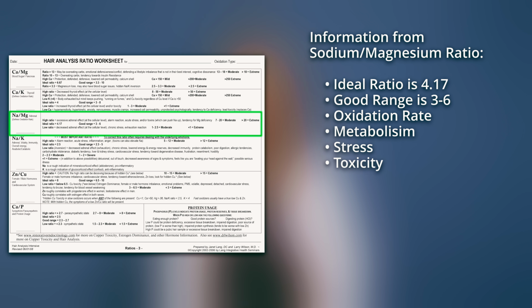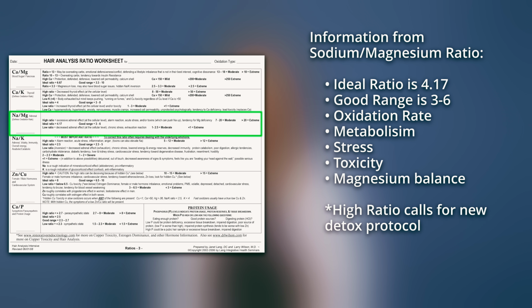It also points to whether or not the person needs magnesium or is taking too much magnesium. If I see a high ratio, I will often recommend a different kind of detox protocol, magnesium supplementation. A low ratio will often require therapeutics for the adrenal glands like licorice root or vitamin C, for instance.